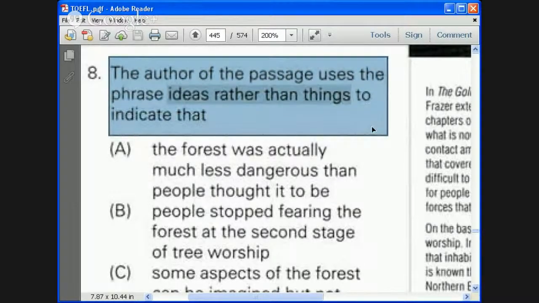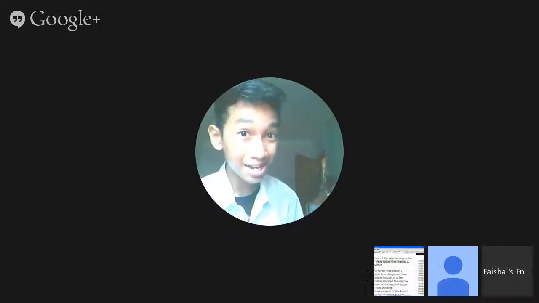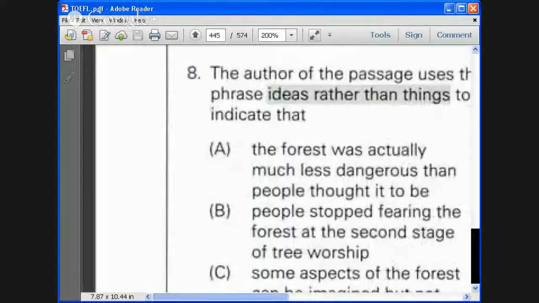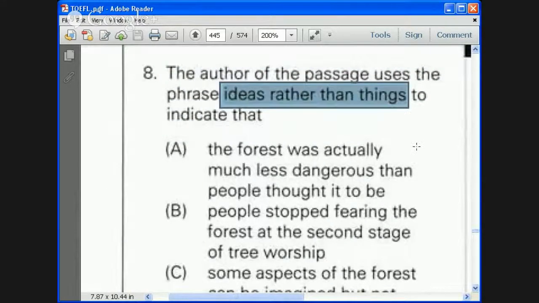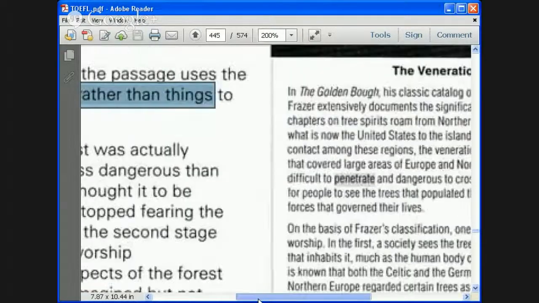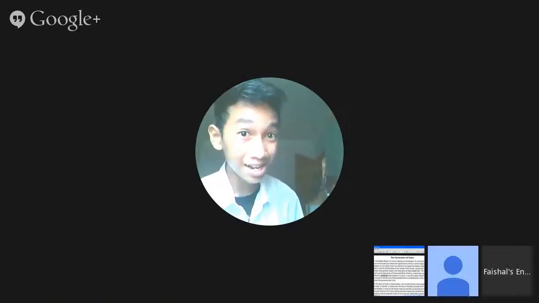Vishal, okay. The author of the passage uses the phrase ideas rather than things to indicate that... Okay, again, this is one of those questions: what is the author's purpose? Why does the author use the phrase ideas rather than things? Let's see.